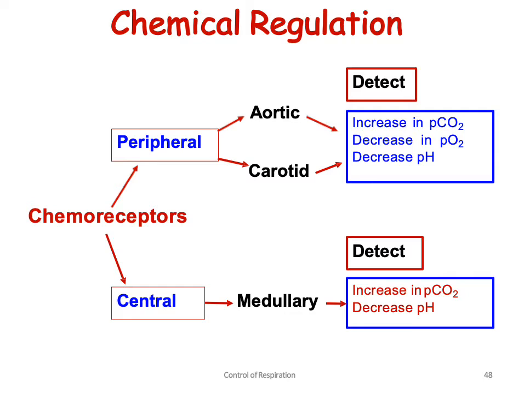So in a normal situation, between oxygen and carbon dioxide gas, the primary one that will activate the chemoreceptor reflex is carbon dioxide, not oxygen. This is because changes in the oxygen partial pressure are not enough to activate the oxygen receptor.